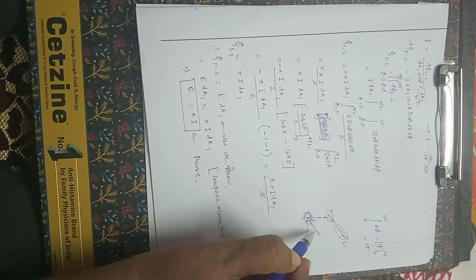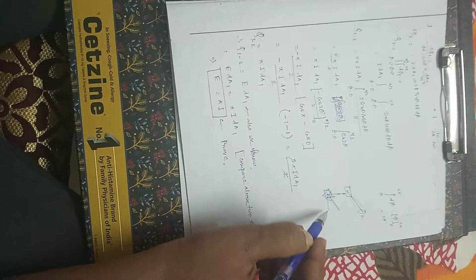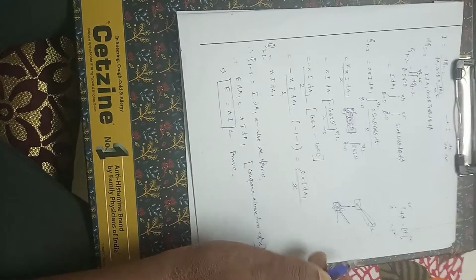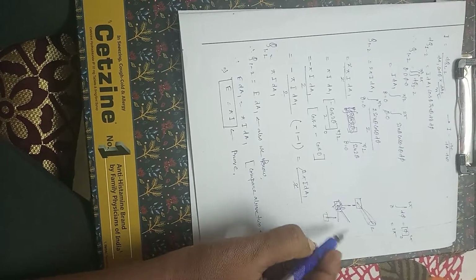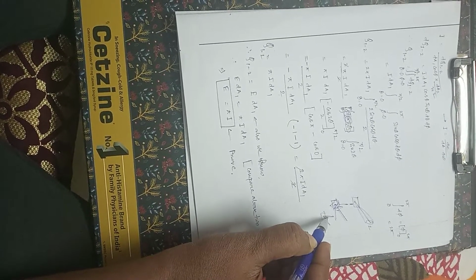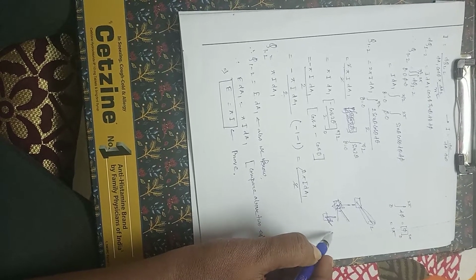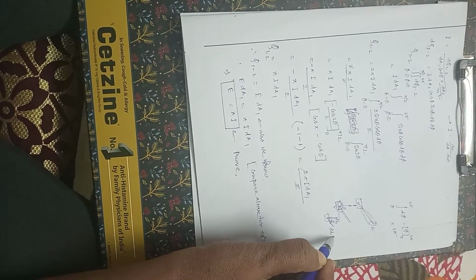Obviously, it is taken with respect to the normal position of the surface. The surface is like here, so this is my normal intensity, and the value will be its cosine, because it makes an angle theta with the normal. If this is my dA1, the projected area is dA1 cos theta.